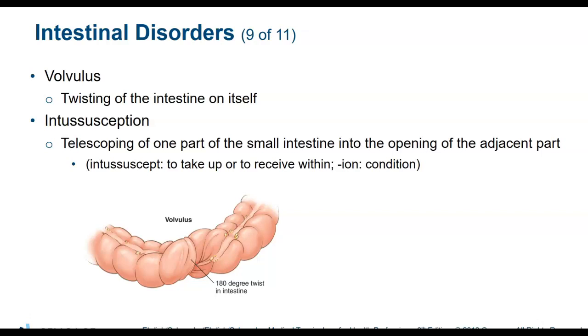So they want to try to catch that as soon as possible. If not, and there's death to the tissue, the patient may end up with a colostomy, which is problematic.